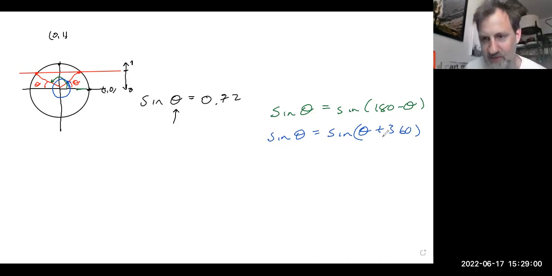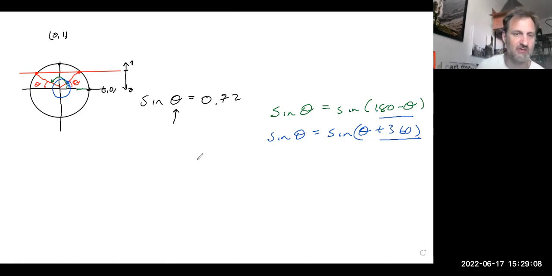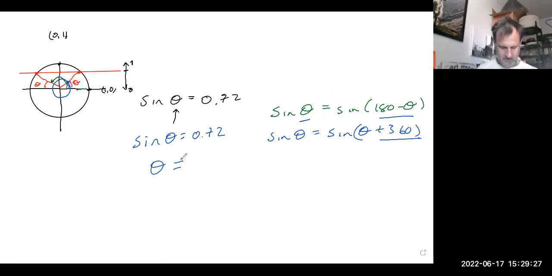But I'm not going to write that one down. Basically, this is one way to get a new answer. This is another way to get a new answer. And I can add 360s until the cows come home to get more answers from any of these two numbers. So let's just do this one in particular. If sine theta equals 0.72, then theta equals inverse sine, which is 46.1, rounded to the nearest tenth place.